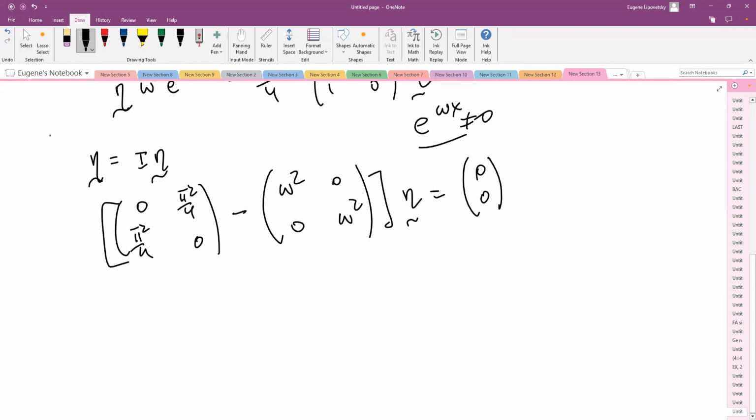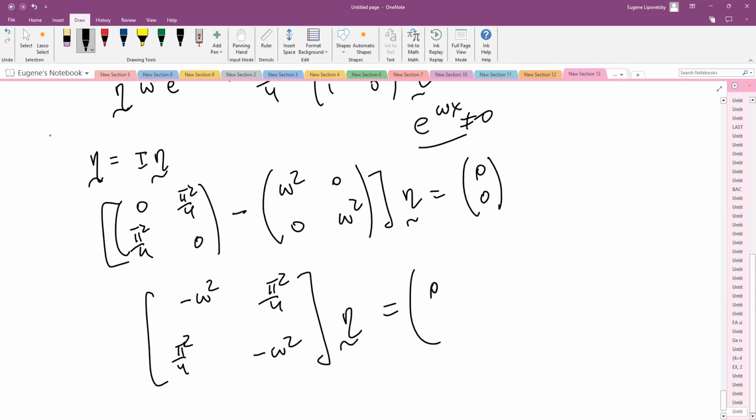Then this matrix can be written down as minus omega squared, pi squared over 4, pi squared over 4, minus omega squared, times eta equals 0, 0.